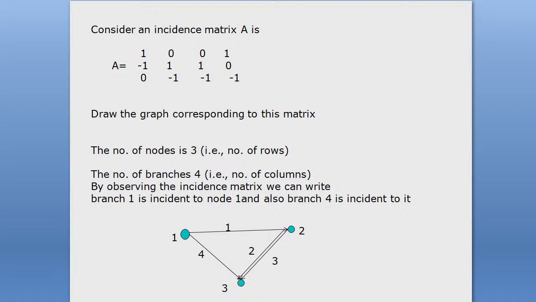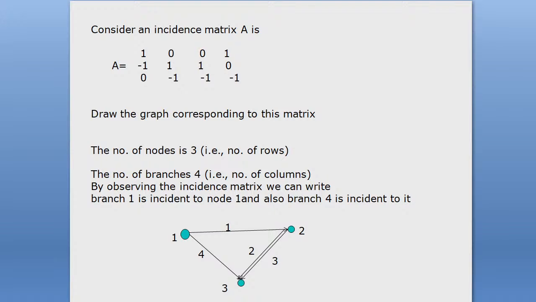If -1, that means it is incident to the particular node and enters it. And 0 means there is no interaction between branch and node. Okay, that means the branch is not incident to the node.